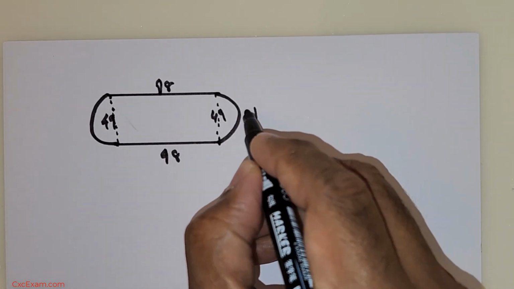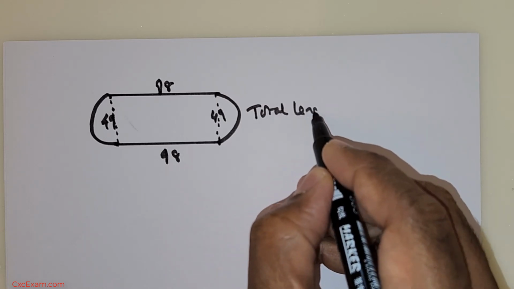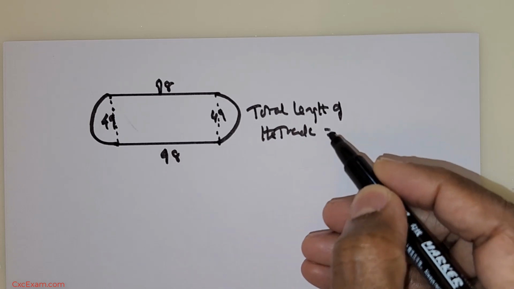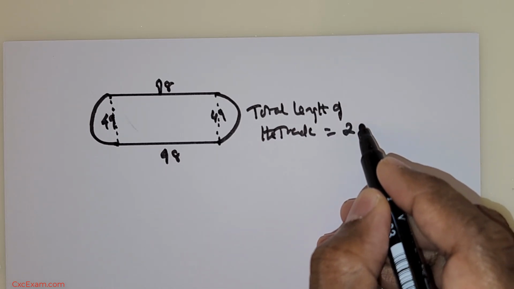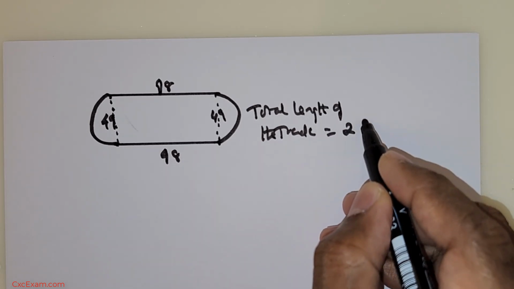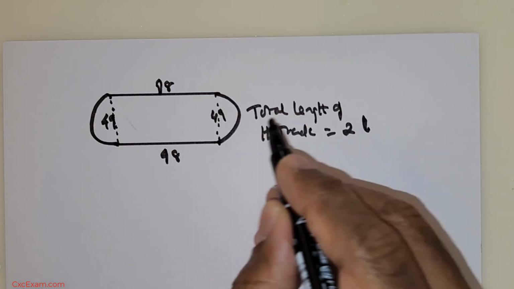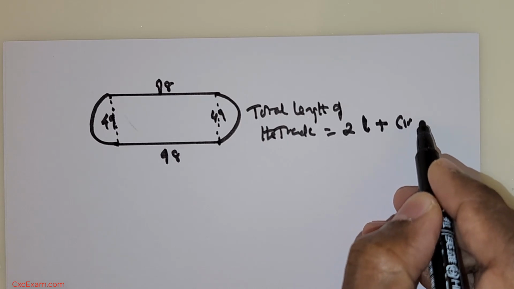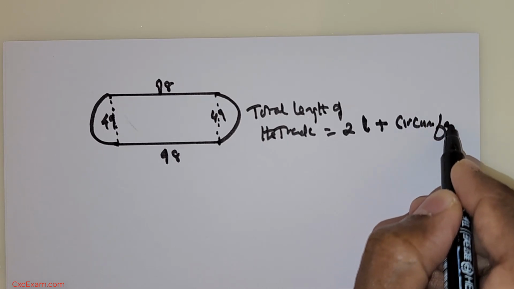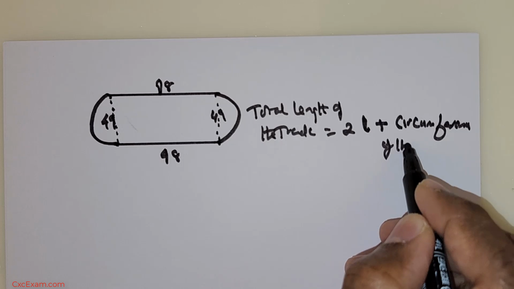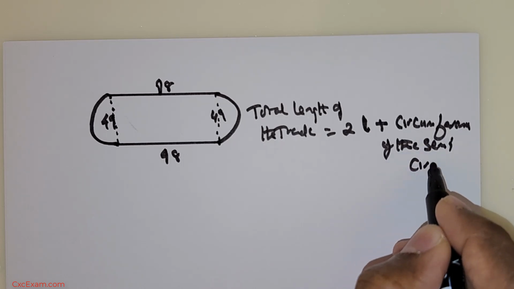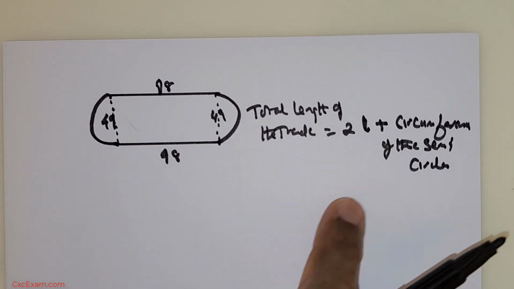What we need to do to find out the total length of the track is 2 times the length of the rectangle plus the circumference of the semicircles. So this is the working formula.